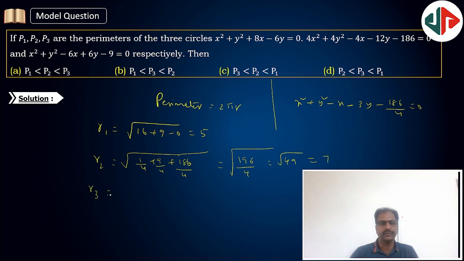So what is the radius of the third circle? Under root g square plus f square minus c, root 27.